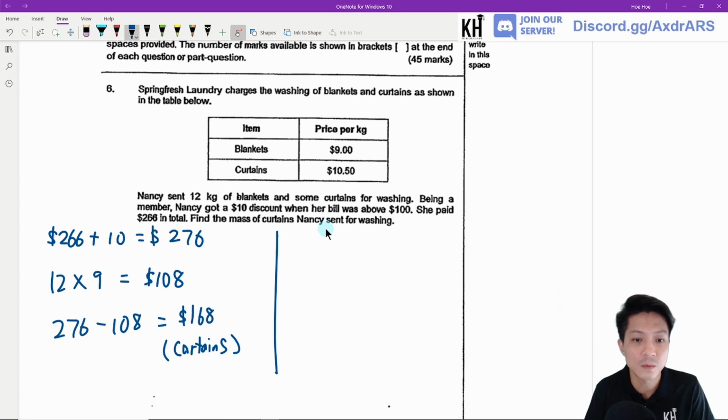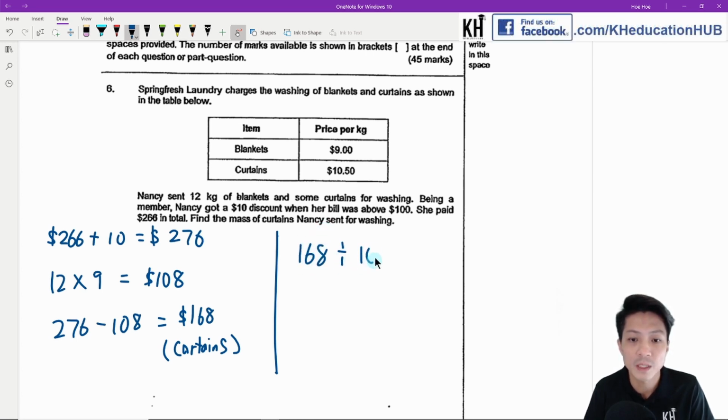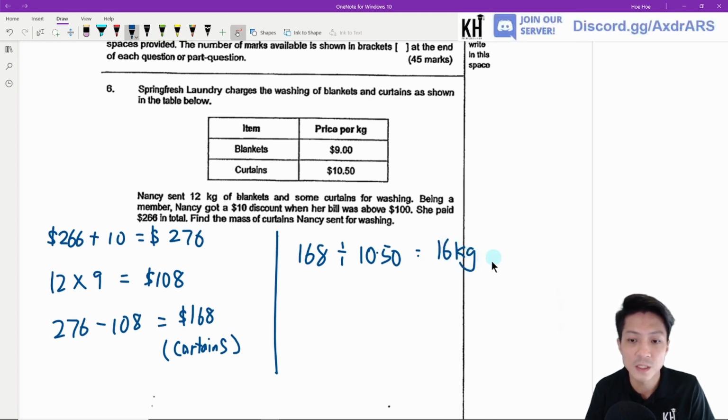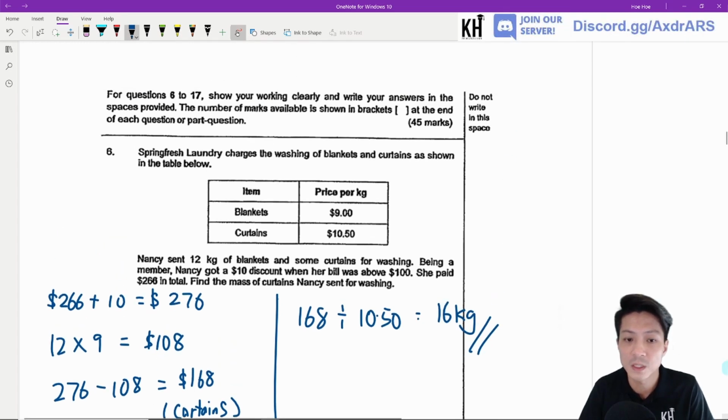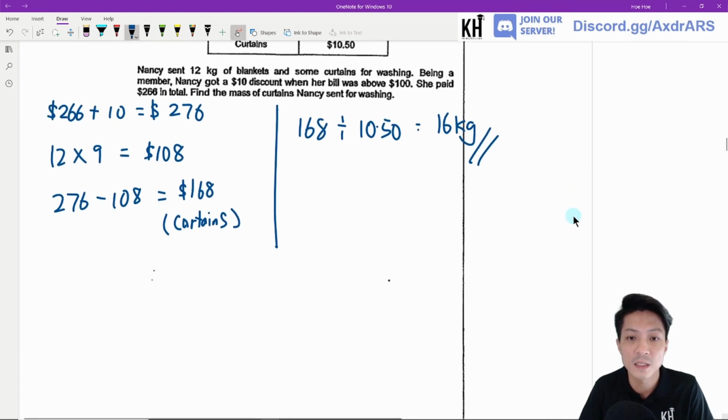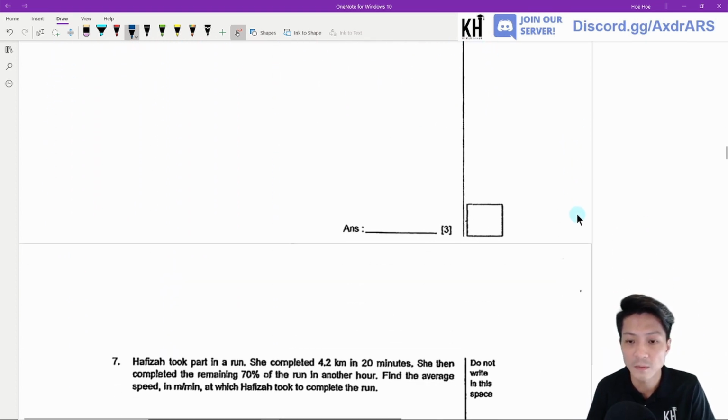Okay, so the next step will be to use 168 to divide by 10.50. Okay, that's gonna give me 16 kg. So this will be the mass of the curtains that Nancy sent for washing.